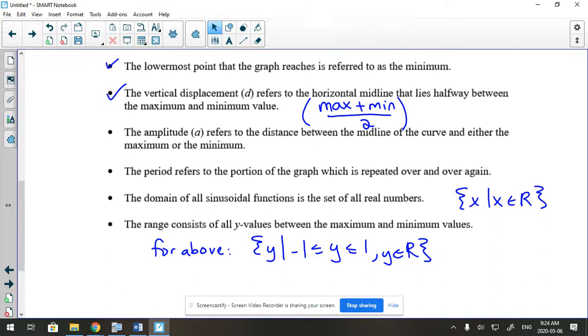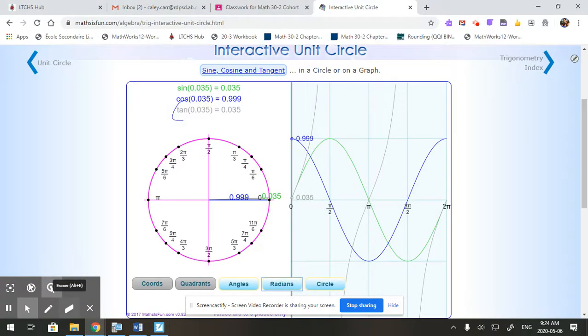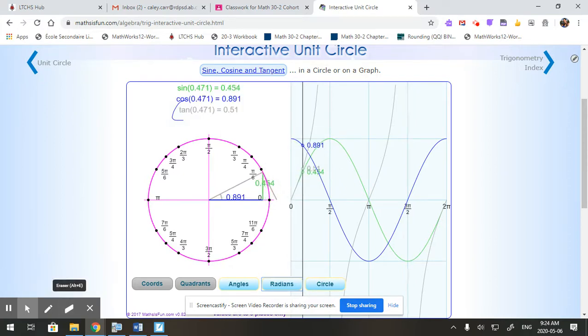Okay, a good way to summarize some of the stuff we've done. I found a really good website. It shows the different angles you can have, and then it tells you up here what your sine and cos value is for each of those.